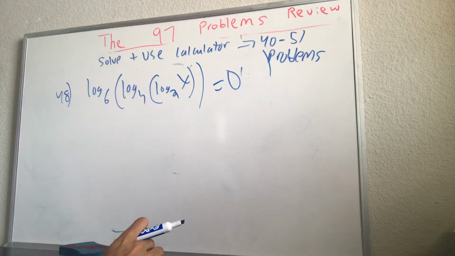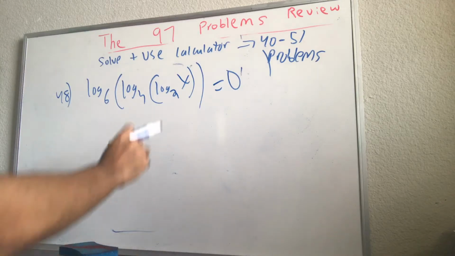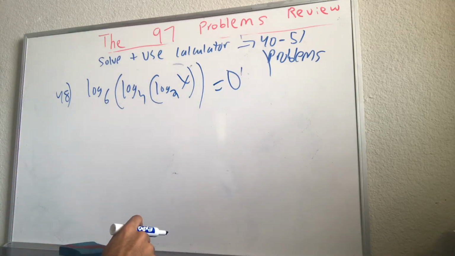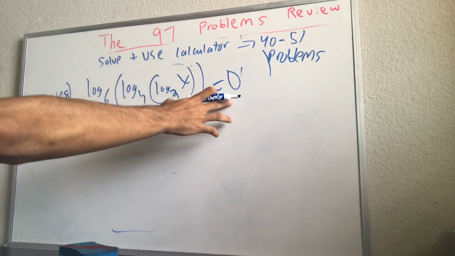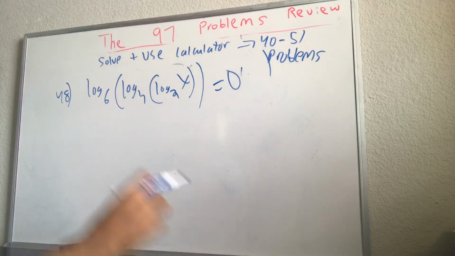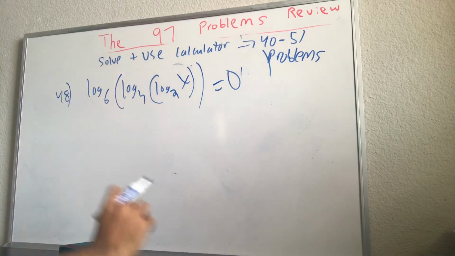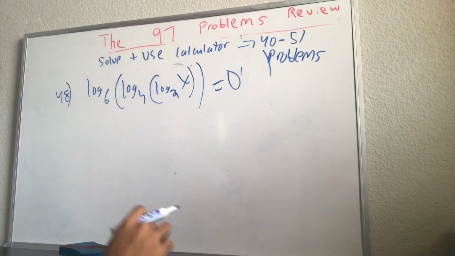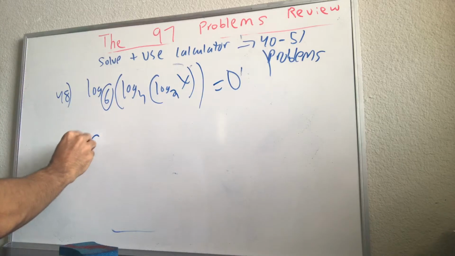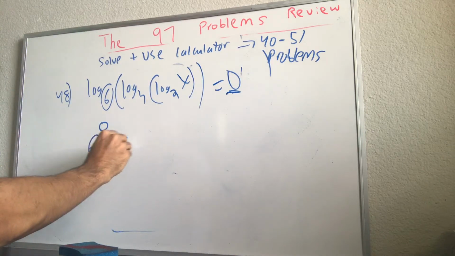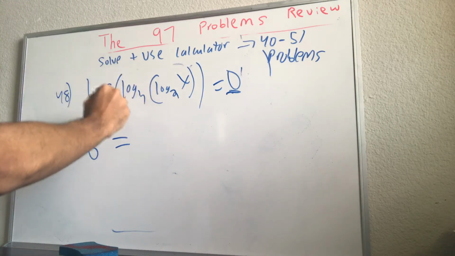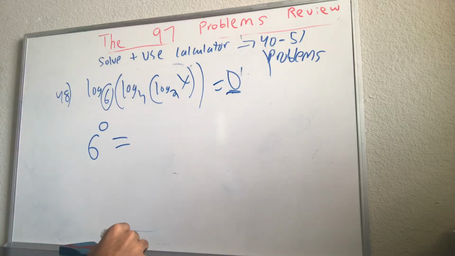So what you're really doing in this problem, you see that you have something here. So you're saying that 6 to the power of 0 must be giving you something, right? Because essentially this is the base of the exponent, right? So we say that 6, being the base, to the power of 0 must equal this entire expression of log base 4 of log base 2 of x, right?